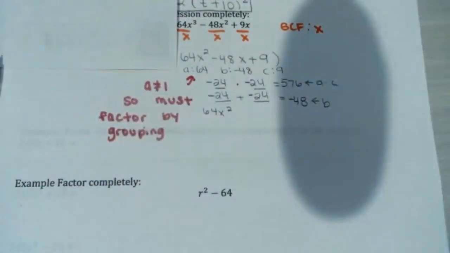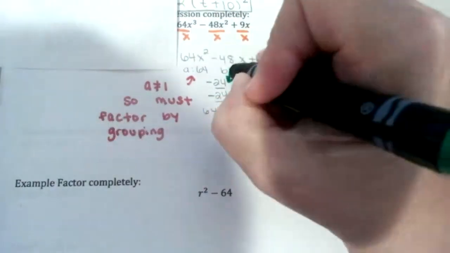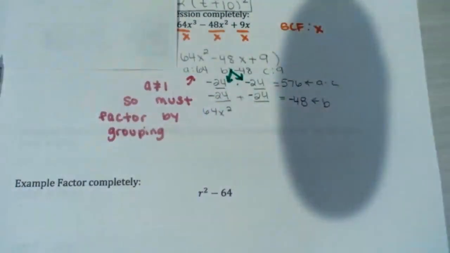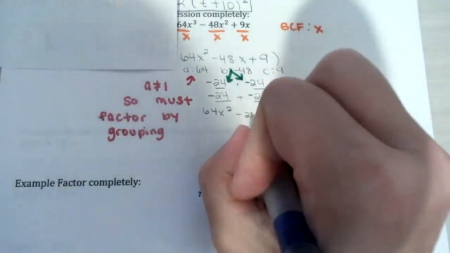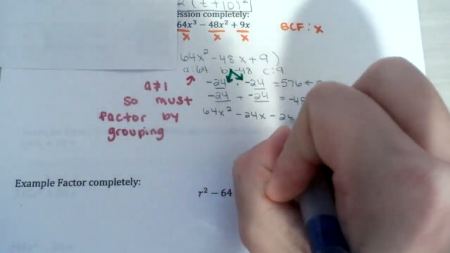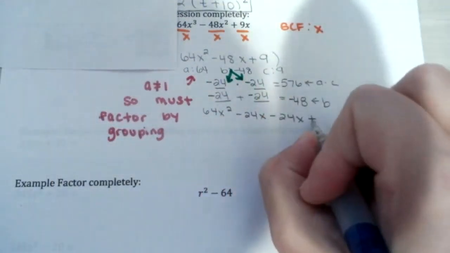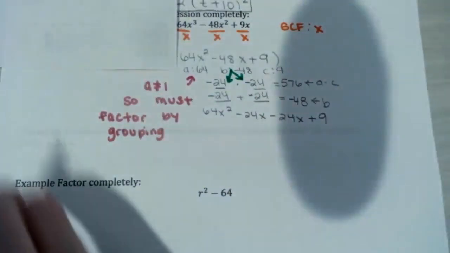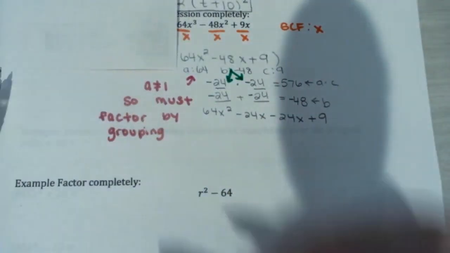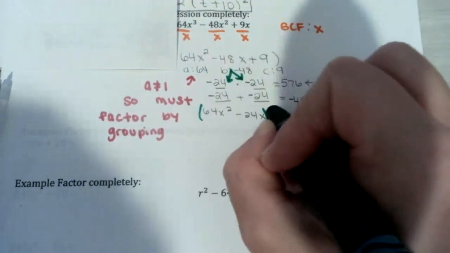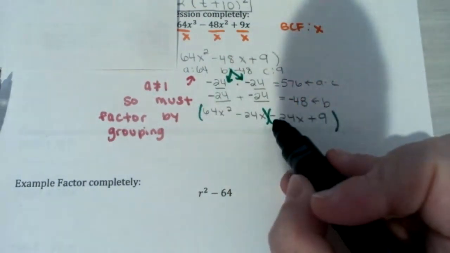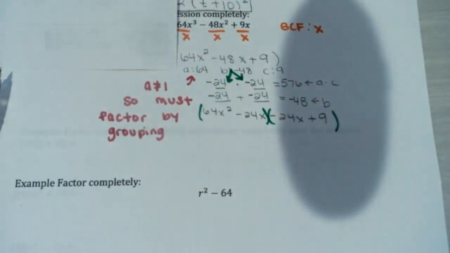Instead of that middle term, that negative 48, we're going to split it up using the numbers in our blanks. So instead of negative 48, we're going to have negative 24x minus 24x, and then that plus 9 is going to stay the same. So now we have 4 terms. We can factor by grouping. So group the first two, group the last two. Notice this negative sign stays with the 24x.